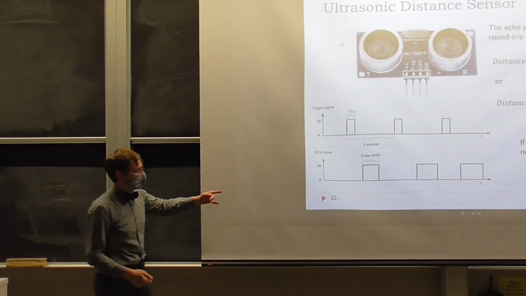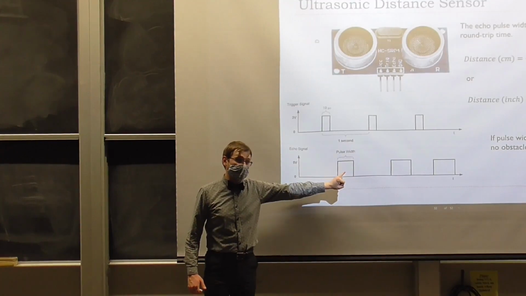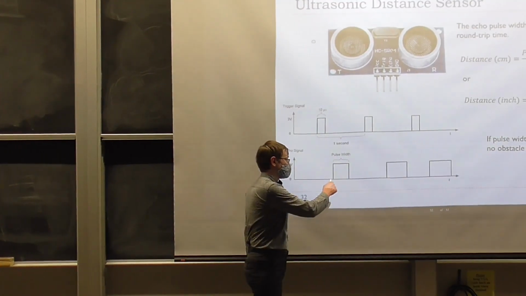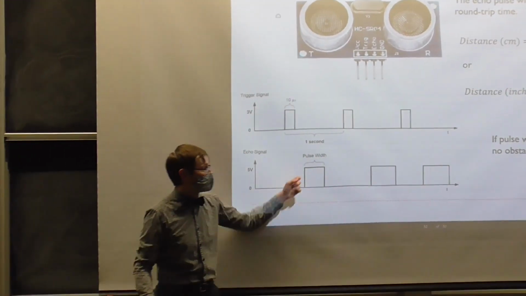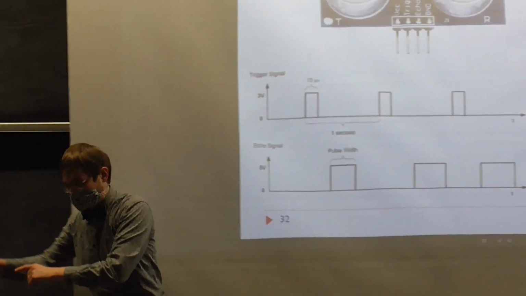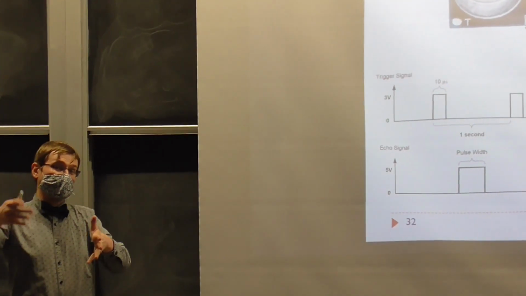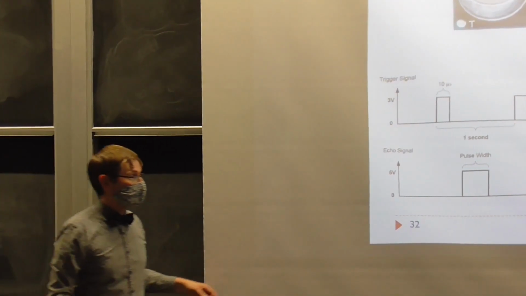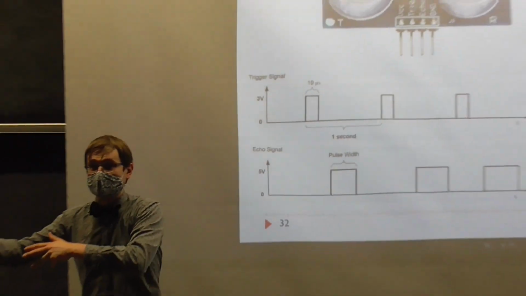But of course, these are just signals. In order to actually calculate that distance, you need to be able to measure when it starts and when it stops, which means this is the input signal to the timer, which times the width of this pulse, and that gives you the distance, right?